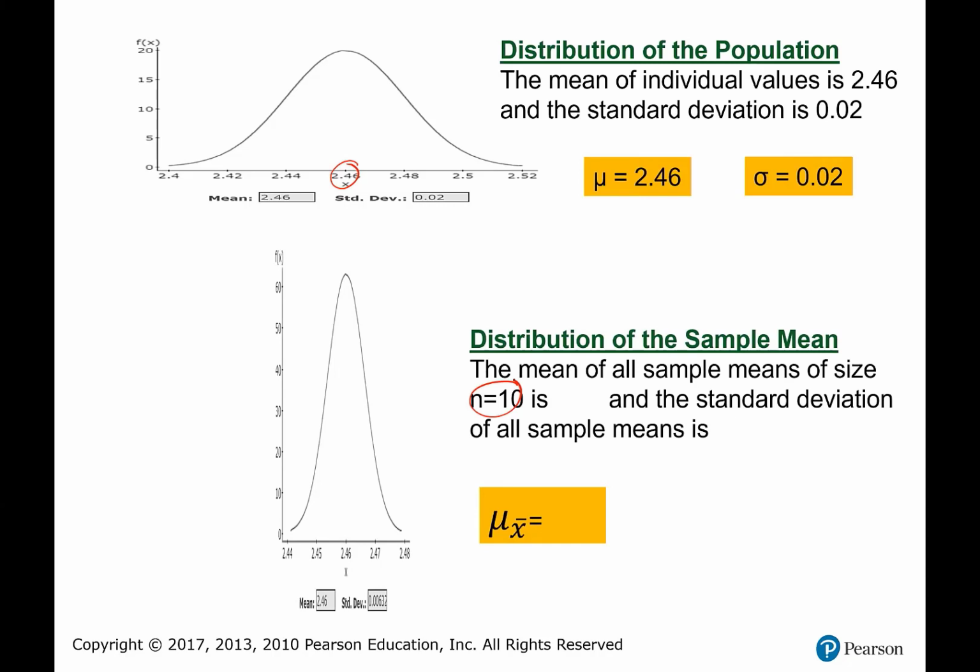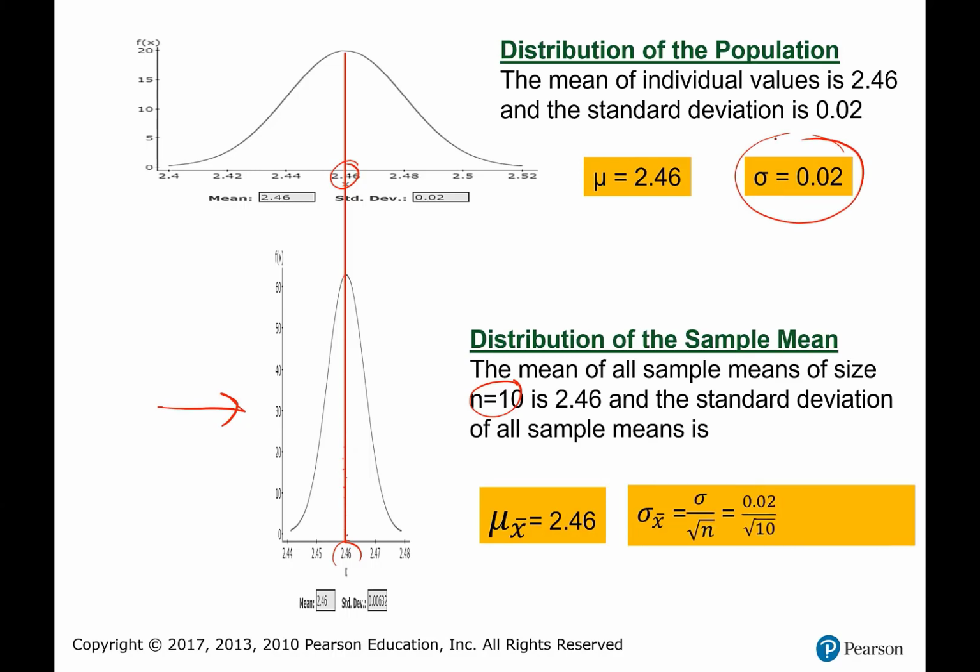The center of the distribution will be the true parameter, 2.46. Here we have all samples stacked on this number line, such that the mean of all of these samples is exactly the mean of the population, in the center. And the standard deviation of this distribution will be the standard deviation divided by the square root of n.